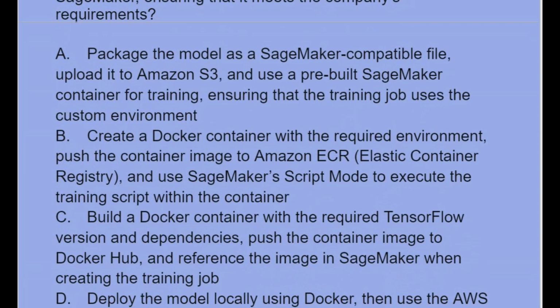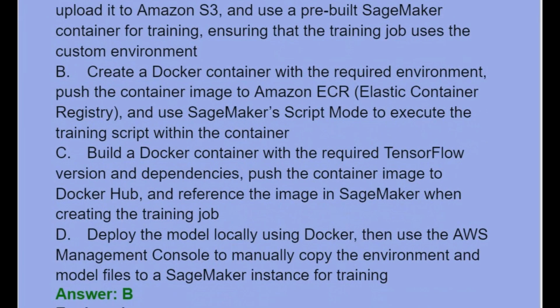Option B, create a Docker container with the required environment, push the container image to Amazon ECR, that is Elastic Container Registry, and use SageMaker's script mode to execute the training script within the container. Option C, build a Docker container with the required TensorFlow version with dependencies. Push the container image to Docker Hub and reference the image in SageMaker when creating the training job.